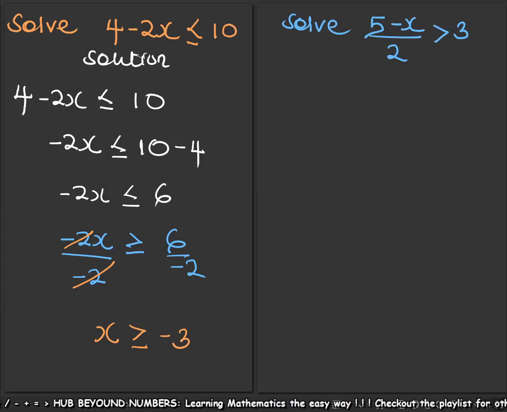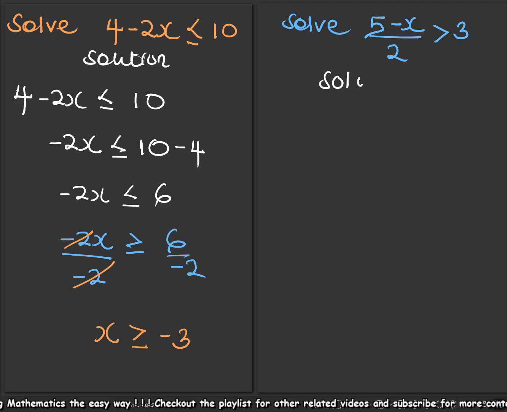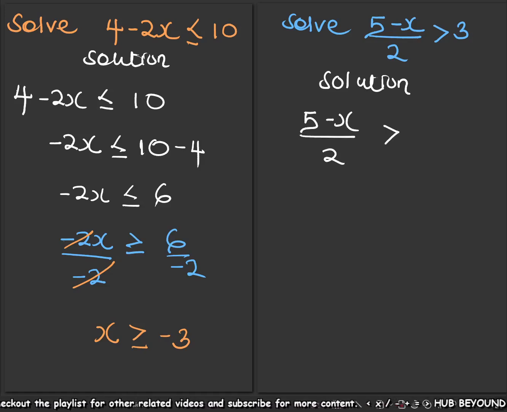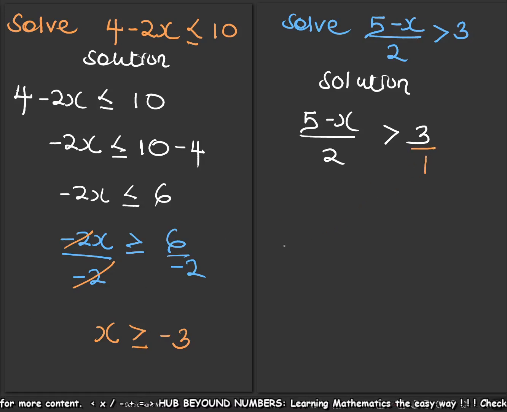Okay, so in this last question we have 5 minus x all over 2 is greater than 3. So how do we go about it? Just as we did in an equation, anytime you have fractions involved, make sure you multiply every term by the LCM of the denominators involved.